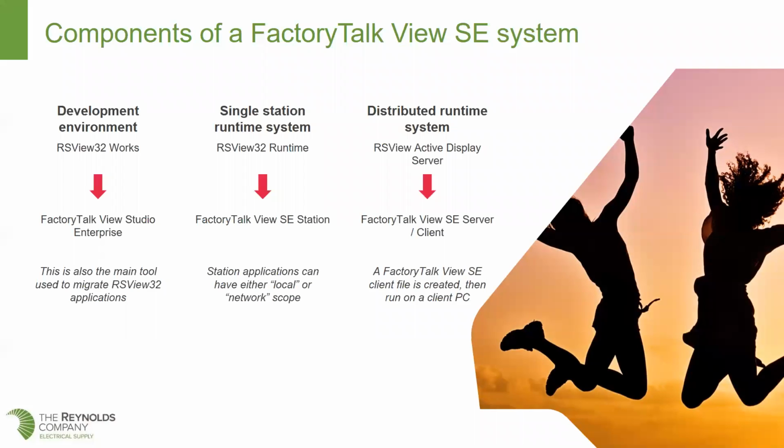So the RSView32 relates to FactoryTalk View in several different ways. There was the RSView32 Works product, which was the development environment for RSView32, and that analogous product with FactoryTalk View would be FactoryTalk View Studio Enterprise. Then RSView32 runtime could be directly migrated.